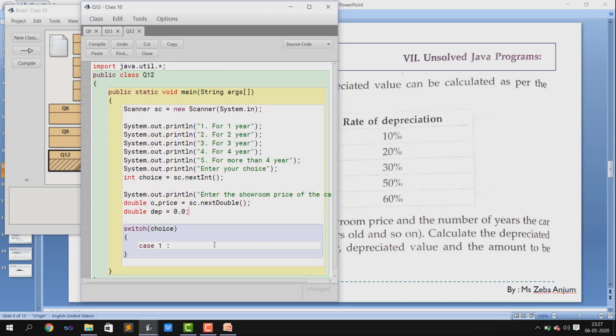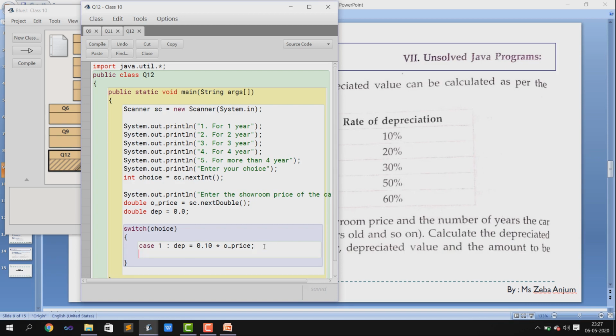Now let us calculate this depreciation value. DEP will be equal to 0.10 multiplied by original price. Why 0.10? Because it is 10%, and 10% of the original price is 10 upon 100, so we have directly written 0.10. By using this line you have calculated your depreciated value.